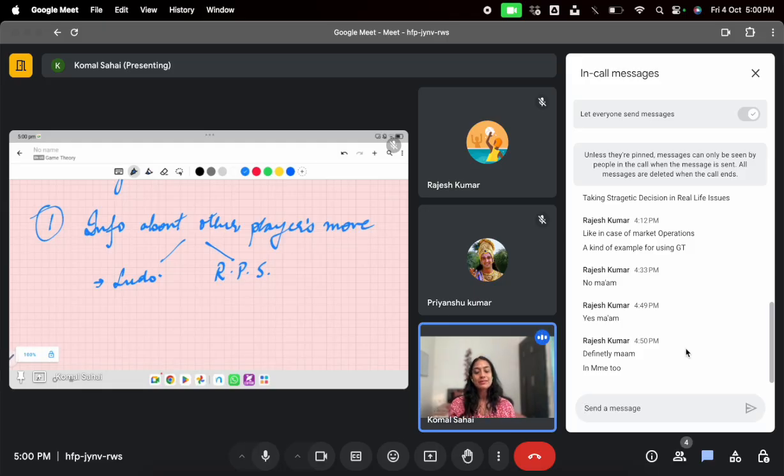Which also means that in this game, when you are making a move, you do not have information about the other player's move, whereas in Ludo you do. So that's one way to classify games: games in which players have information about the other player's move before they make their move, and games in which players make the move without knowing what the other player has done.